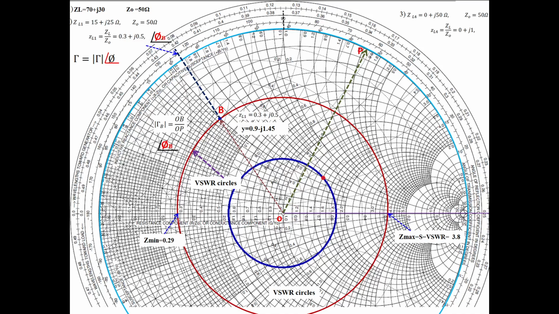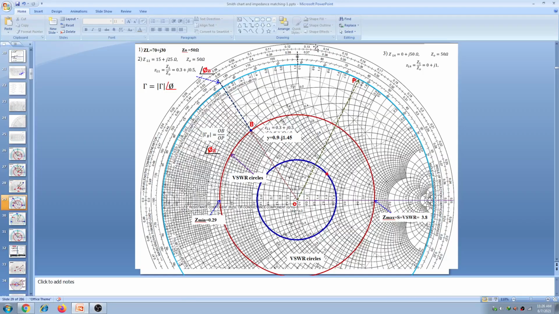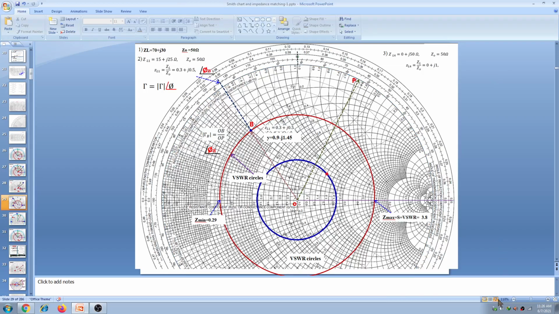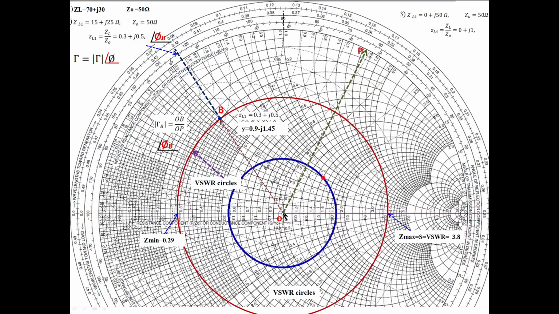So don't take the same value, but measure again from the center of the Smith chart to the R equal to 0 circle, drawing a line.